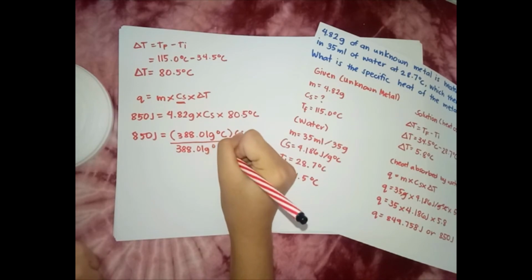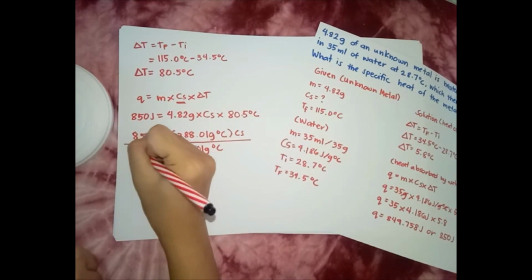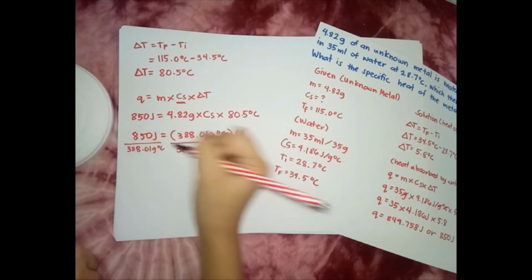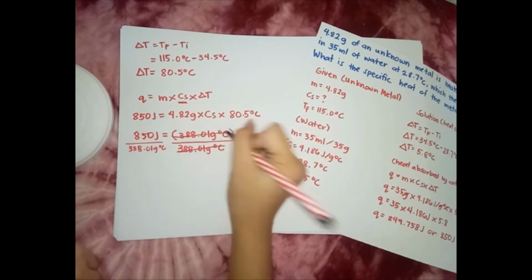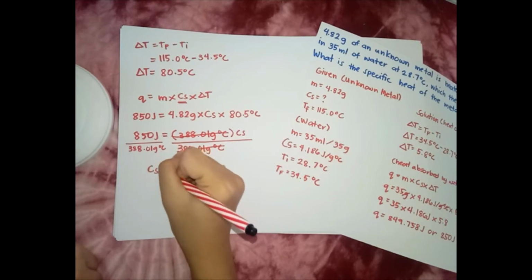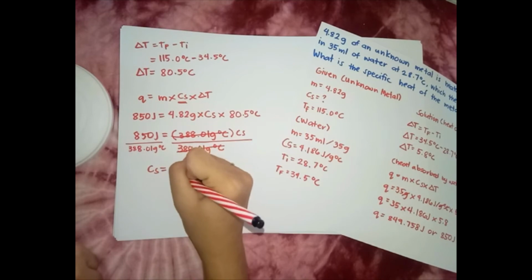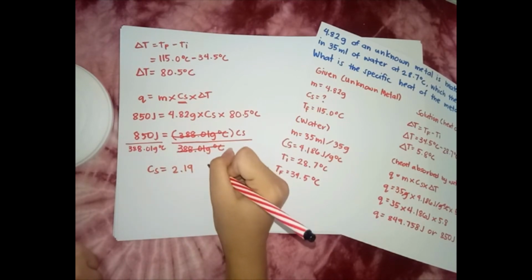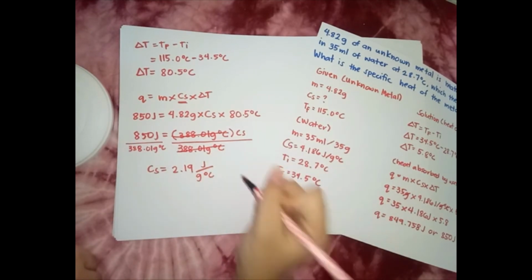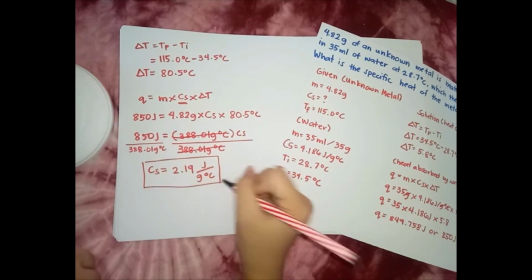I'm going to write that here and here. 388.01 cancel out. So now we have specific heat 850 joules divided by 388.01 equals 2.19 joules per gram per degree Celsius. So that is the answer for the specific heat of the unknown metal.